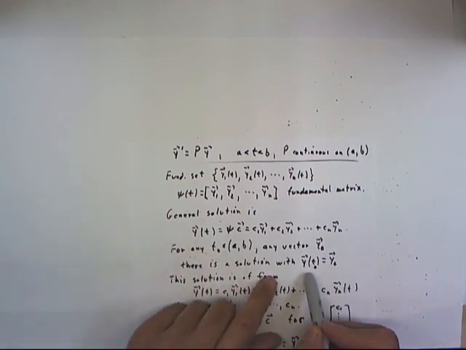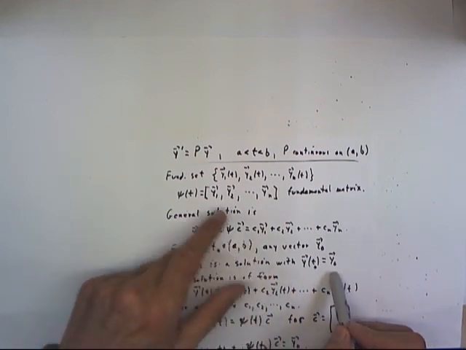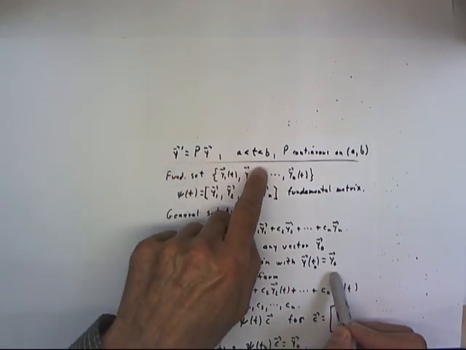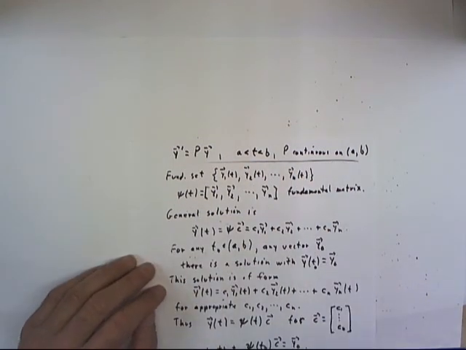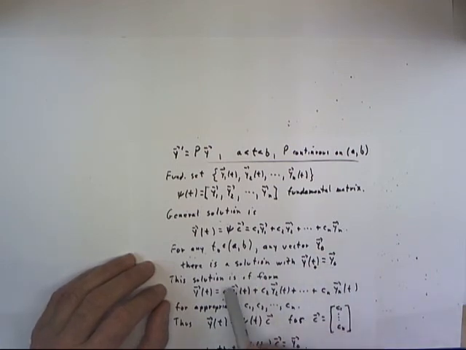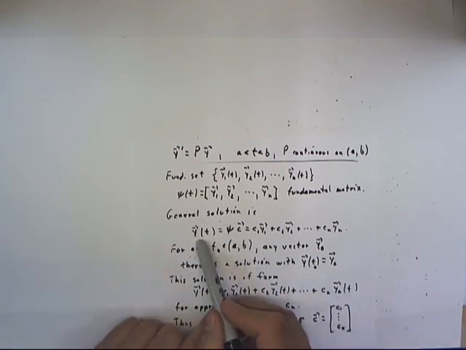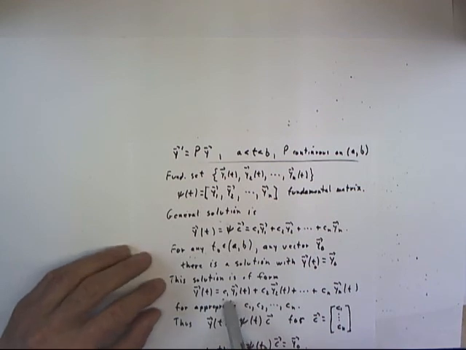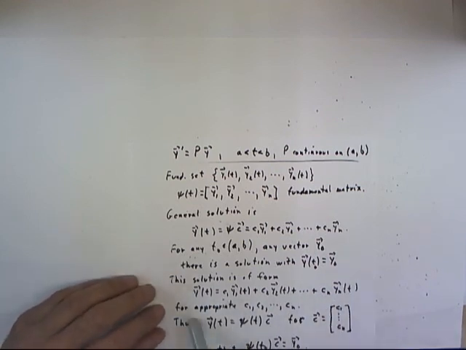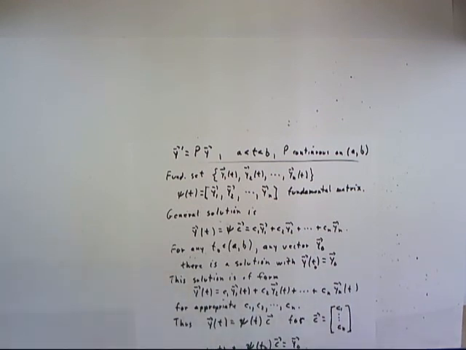That is, for any given initial condition, there's a solution to the equation because P is continuous on the interval of definition. Since there's a solution, the solution has to be of the form of a general solution. Remember that the general solution is just this, so the solution must be of this form for appropriate values of c1 through cn.